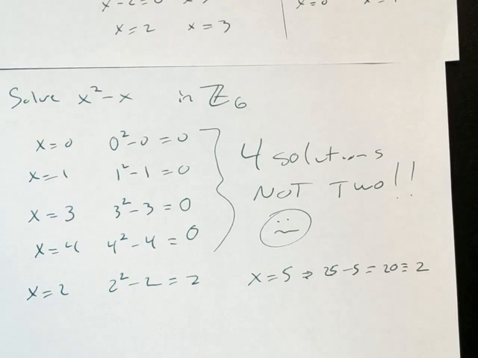I can keep going, but no, I'm only using 0 through 5. But if it weren't Z6, we can do it in Z12, we can do it in Z19. We have, how many?